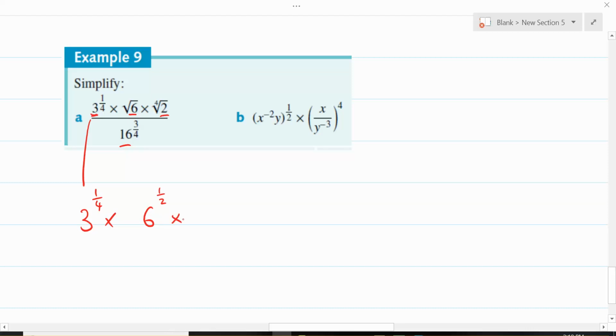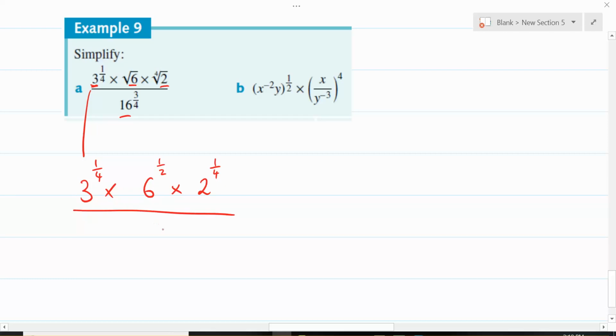Another way of writing that is 2 to the power of a quarter. Fourth root, a quarter. Cube root, a third. Square root, a half. Fifth root, a fifth. Sixth root, 1/6. Seventh root, 1/7.